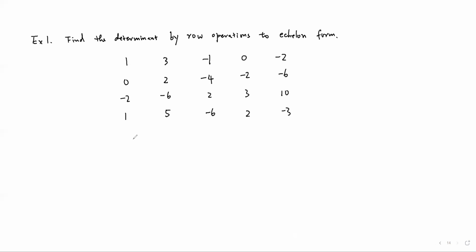And then 0, 2, 4, 5, 9. Determinant. Okay, determinant.